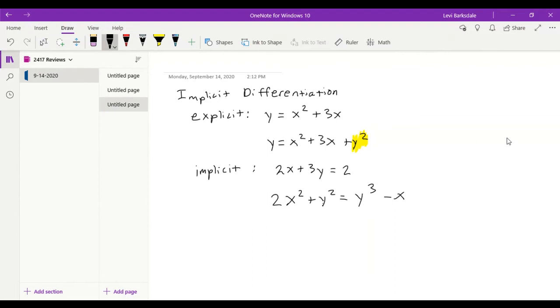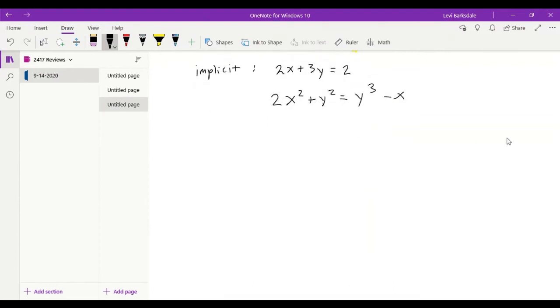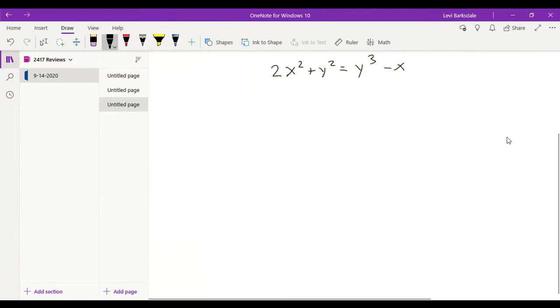But then the question is, how do we take the derivative of these implicit form functions? It's not all in terms of one variable, so it's a little confusing. And that's where implicit differentiation comes in.